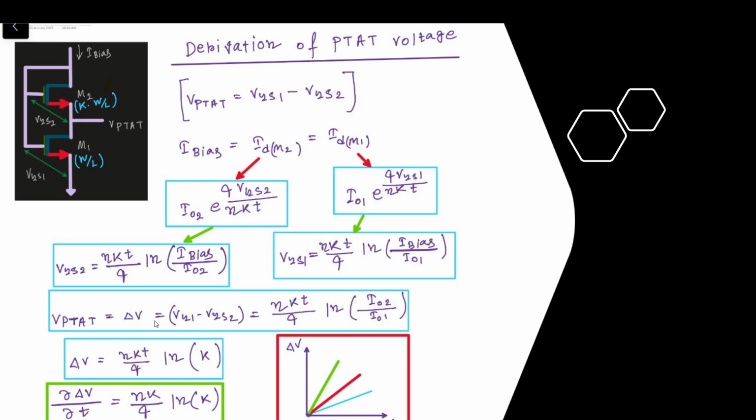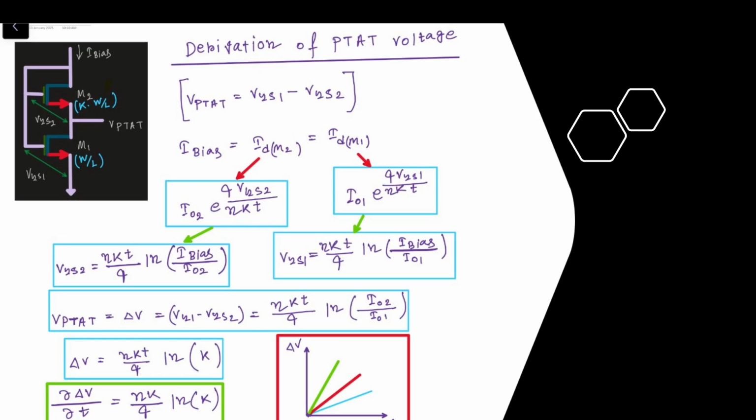And VPTAT, delta V, equals VGS1 minus VGS2. That is eta kt by q ln I naught 2 by I naught 1. And this I naught 2 by I naught 1 is proportional to the W/L ratio of M2 and M1, so here it is ln k. So basically delta V is equal to eta kt by q ln k.